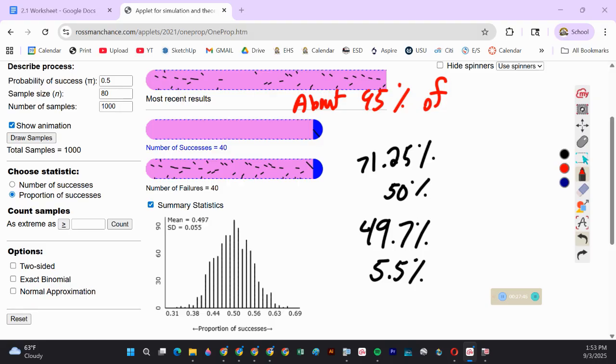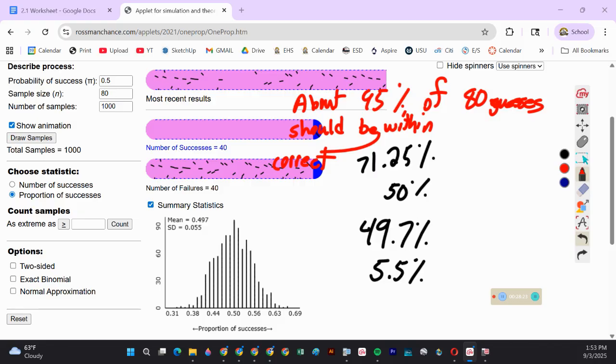About 95% of 80 guesses should be correct within what?